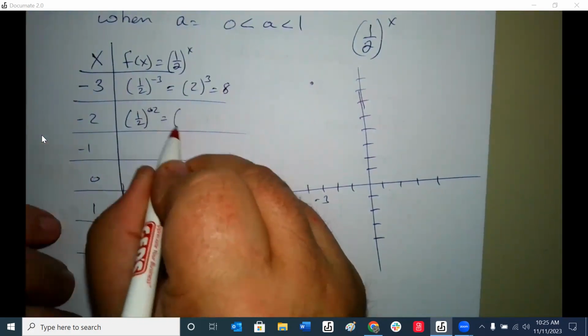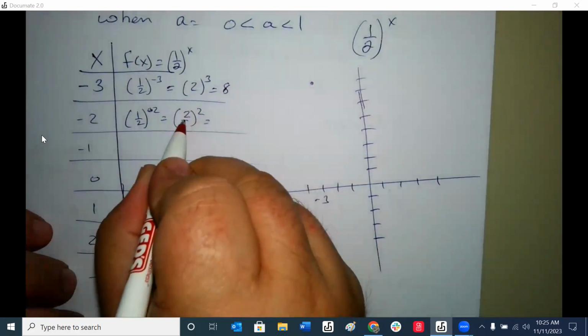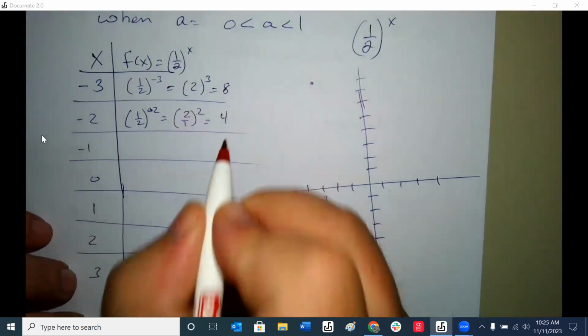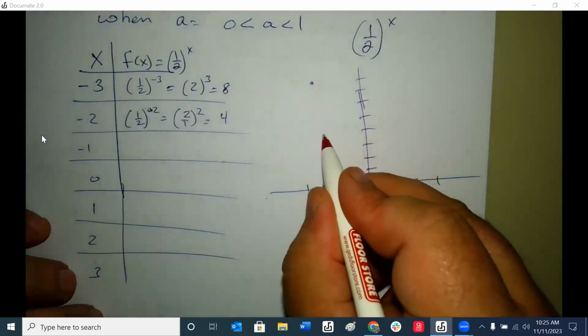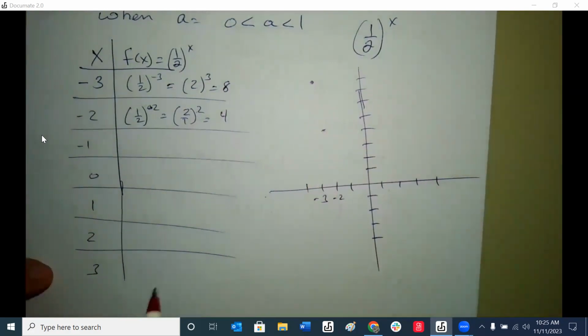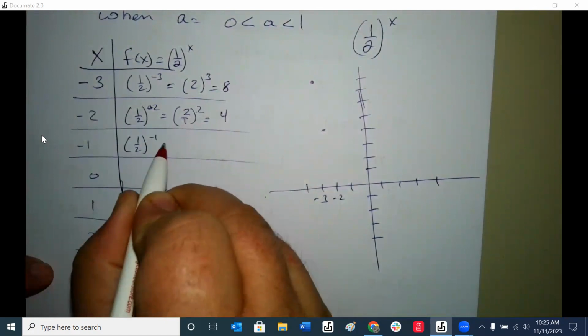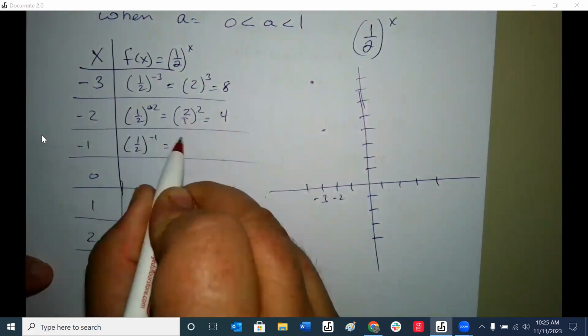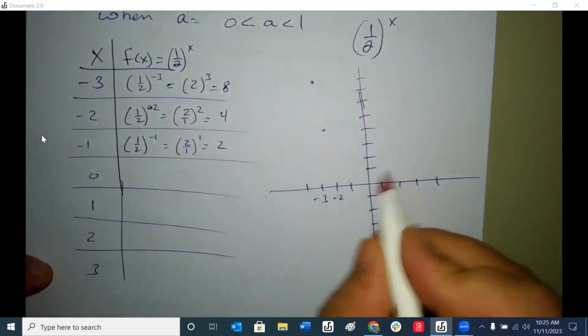Negative switches, so we flip. 2 squared is 4. When x is -1, the negative sign means I flip the inside and it equals 2.